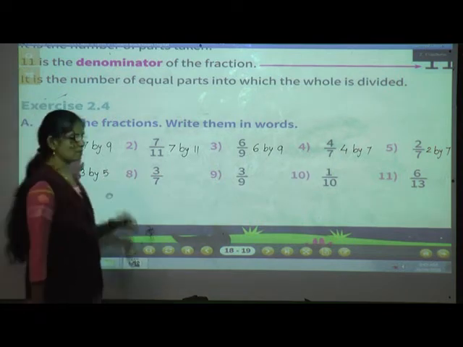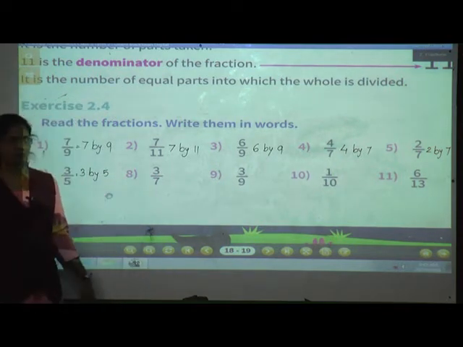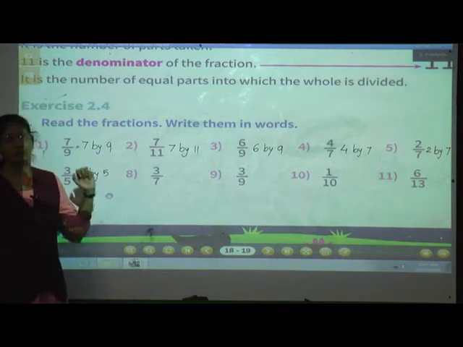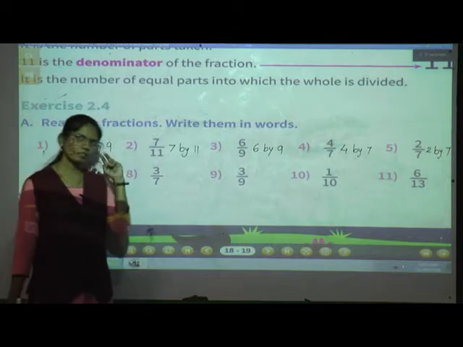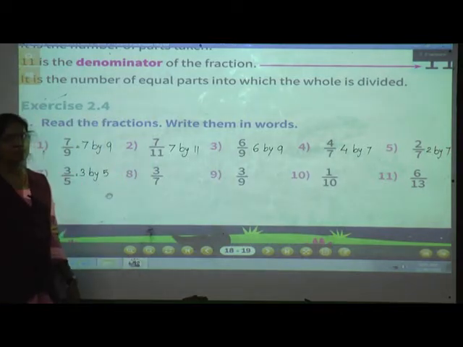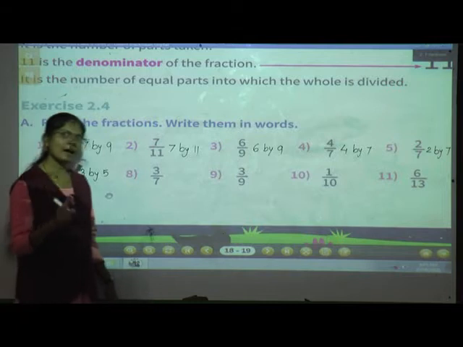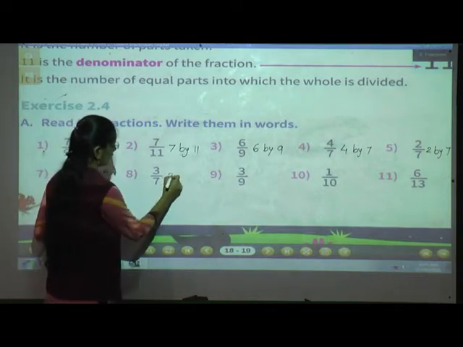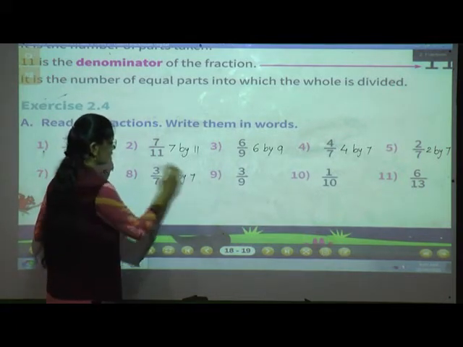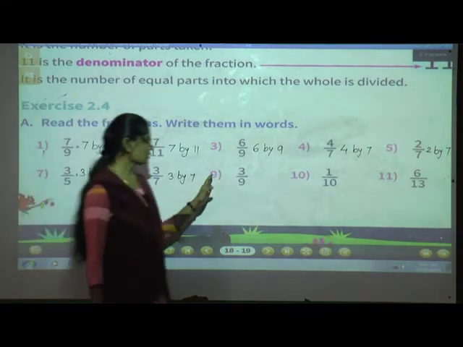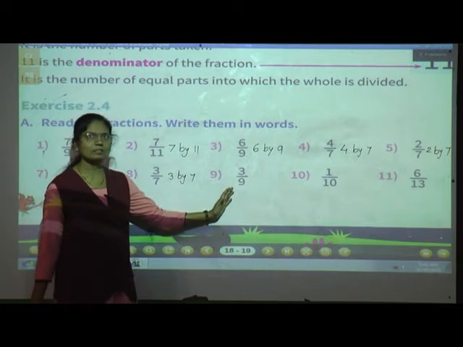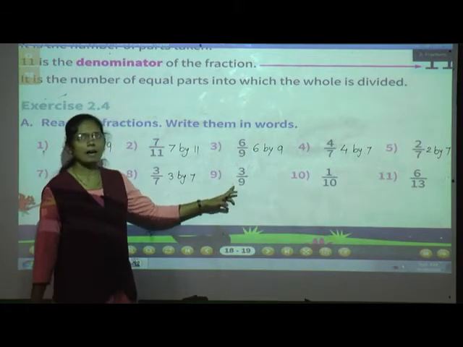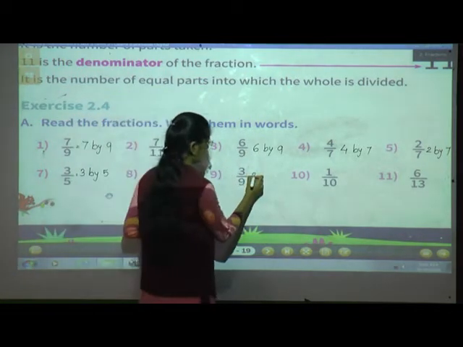Now tell me about this fraction. What is the denominator? 7 is the denominator and 3 is the numerator. So read this fraction. Yes, 3 by 7. Correct. Now see this next fraction. How will you read? Yes, 3 by 9. Correct.